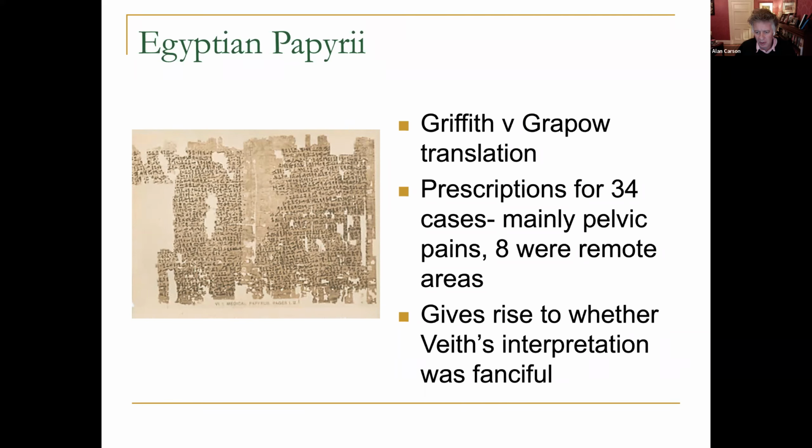It just contains prescriptions for 34 cases. There's no mention of mechanism whatsoever. A lot of the unguents used were certainly applied to vulval areas, but most of the prescriptions were actually for pelvic pain, so that's not a surprise. Only 8 were for remote areas. And I think the general feeling is that Veith's interpretation of this was fanciful and made in retrospect.